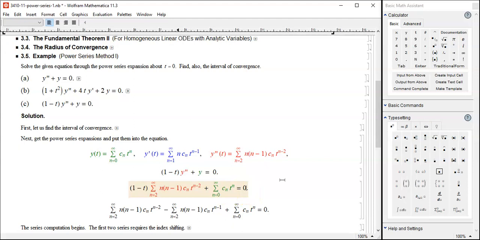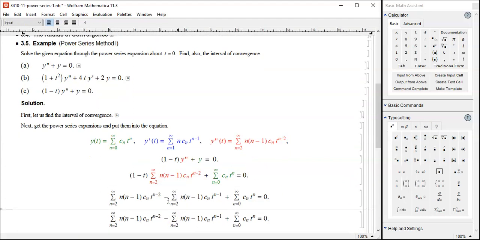After substituting it, this is what we get. Okay, and then we'll have to break up this parenthesis here. So distribute this series times 1 and times t. Oh, I skipped a step. Let's not skip a step.